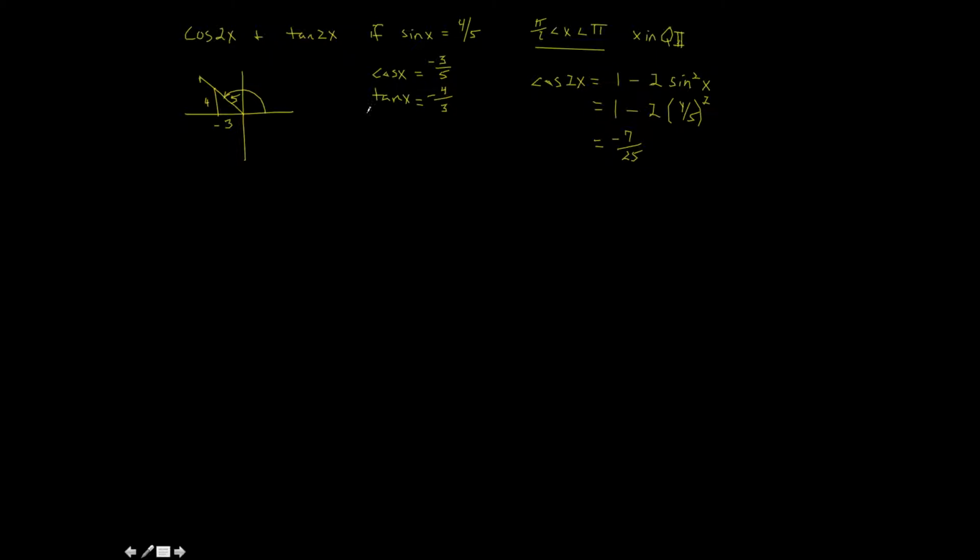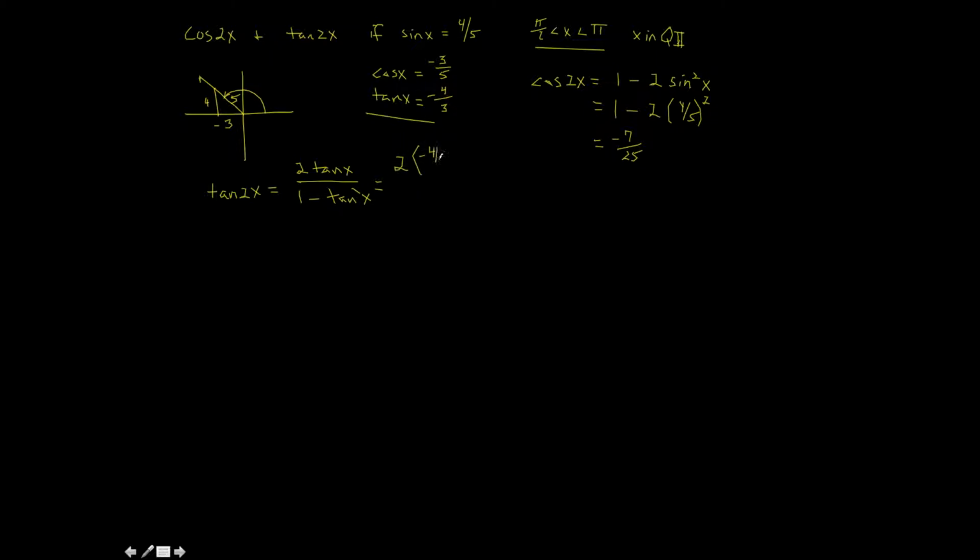Now we can use this tangent here and we can find tangent 2x, because the tangent of 2x equals 2 tangent x over 1 minus tangent squared x. So we know what tangent x is now. It's negative 4/3.